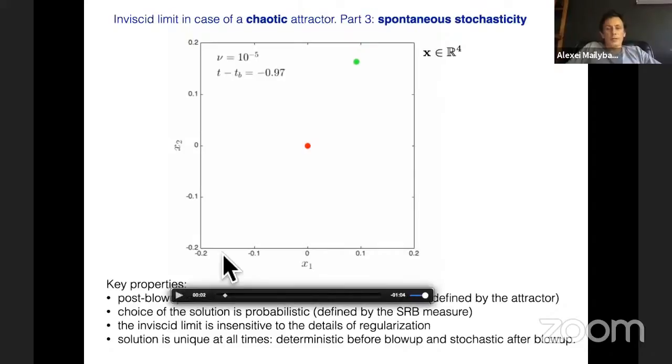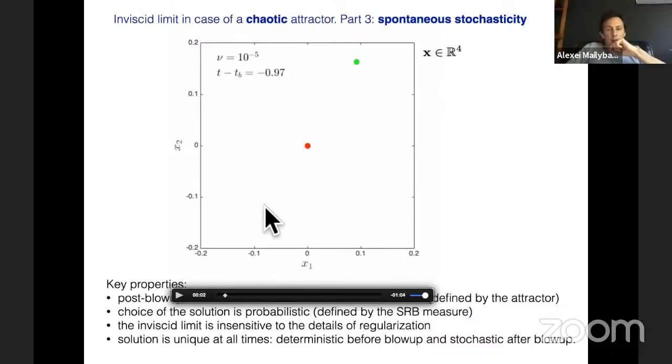So what happens is that we start with some initial condition, and we will track 100,000 different solutions. All of them start at the same point. So they follow the same trajectory, because it's a unique solution until it hits the singularity.